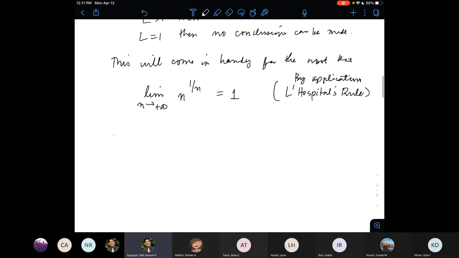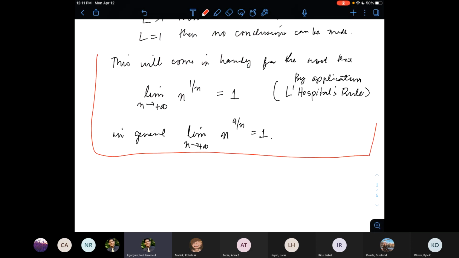Or in general, the limit of n to the a over n as n approaches infinity is equal to 1. I'm not sure if this was explicitly given in the lecture. Can anybody tell me if this was mentioned explicitly in the lecture or not? Because if this was given in the lecture, then you don't need to show the work whenever you have the limit of n to the 1 over n equals 1.